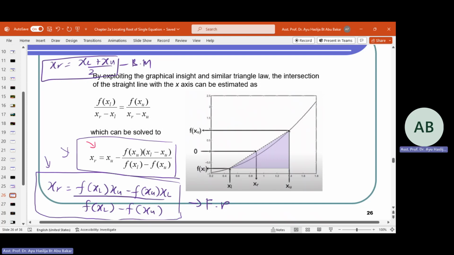Now, from the false position and also the bisection, check back the same example on the bisection. What do you get for your XR with ES lesser than 2%?